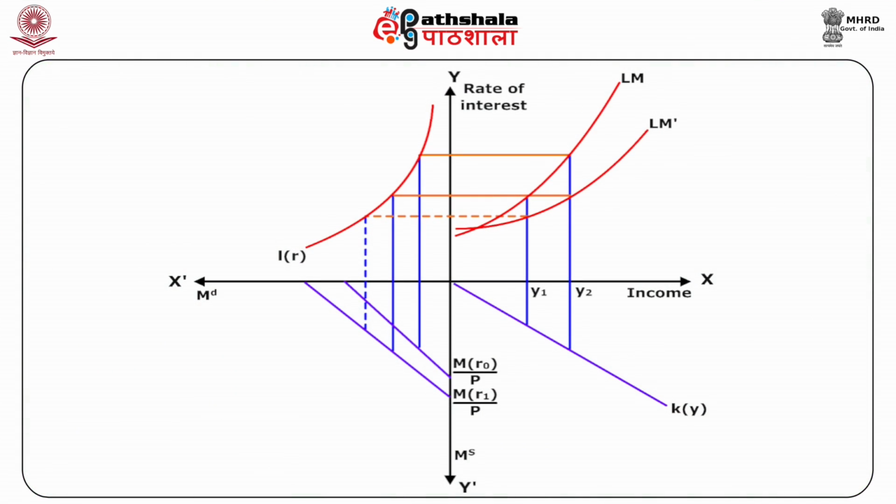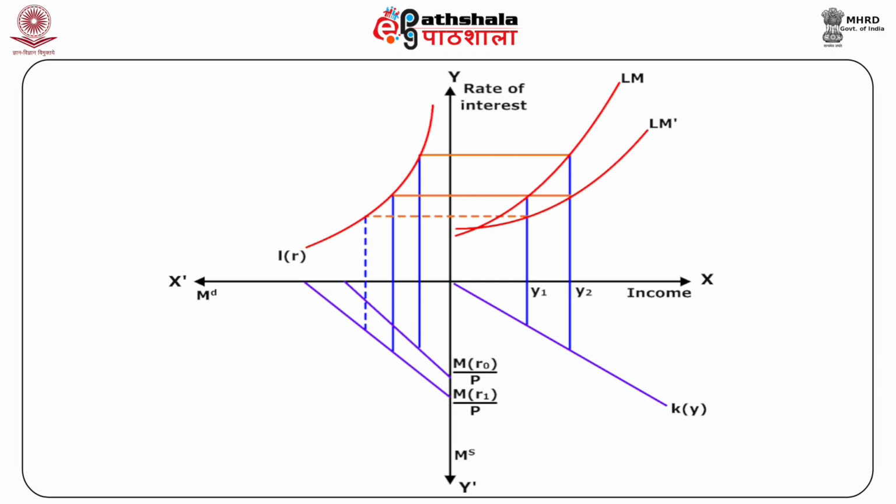And if we consider the LM function, then we have seen that with endogenous money supply, the LM function is flatter in comparison to an LM function which is based on a money supply function which is purely exogenous.